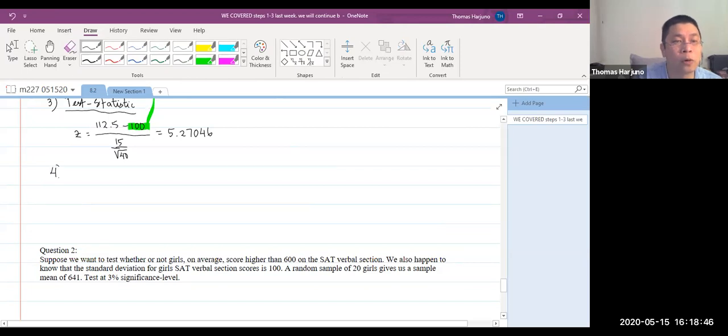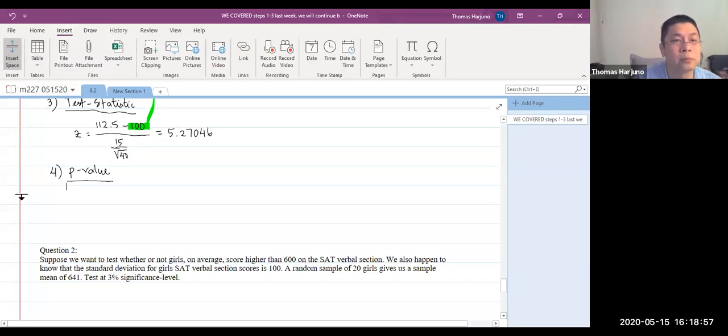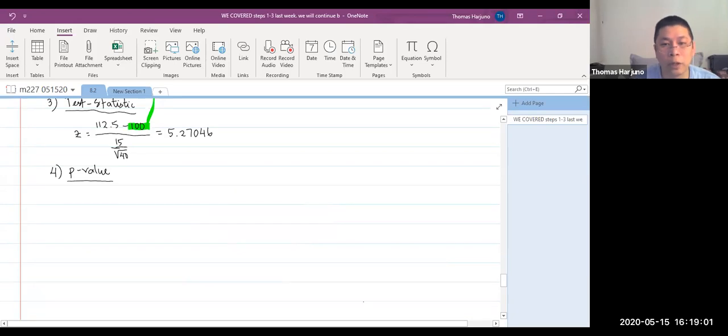Step 4, test, p-value. What happened is the following. This is what the curve should look like.